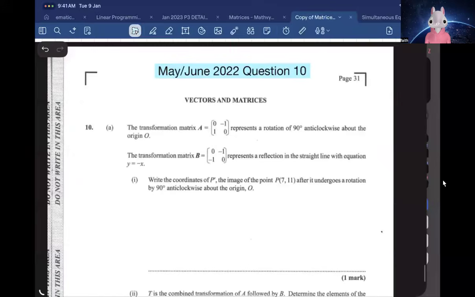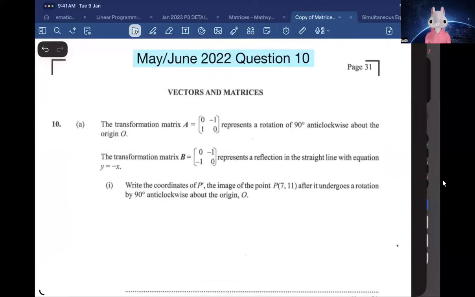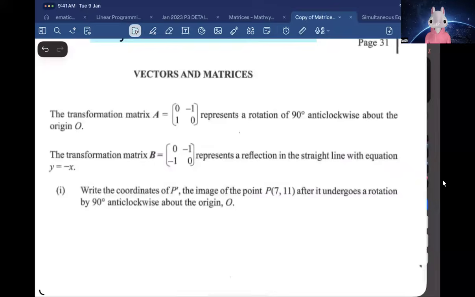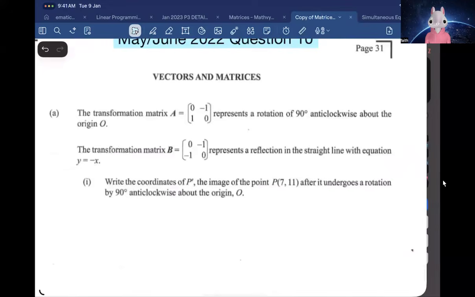Aaron, would you be willing to run through it? Yeah, sir, I'll do it. All right, give it a read for me. The transformation matrix A is equal to 0, -1, 1, 0, which represents a rotation of 90 degrees anticlockwise about the origin O. The transformation matrix B is equal to 0, -1, -1, 0, which represents a reflection in the straight line with equation y equals -x.